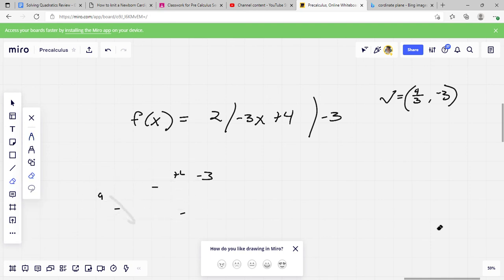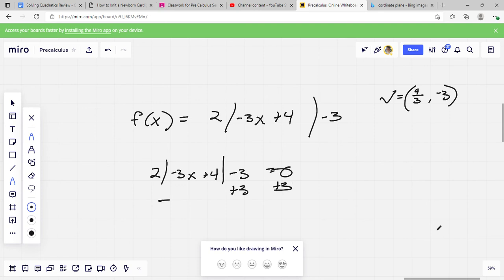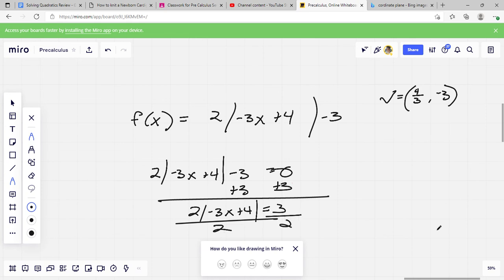Alright, for the x-intercept, I'm going to set the whole thing equal to 0. So 2 absolute value of negative 3x plus 4 minus 3 equals 0. So then I'm going to do plus 3. And I get 2 absolute value of negative 3x plus 4 equals 3. Now I have to divide by 2. And I get the absolute value of negative 3x plus 4 equals 3 over 2.